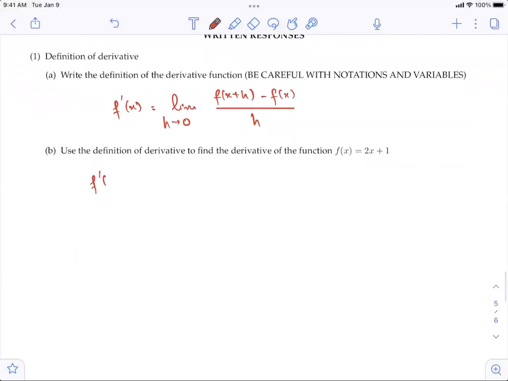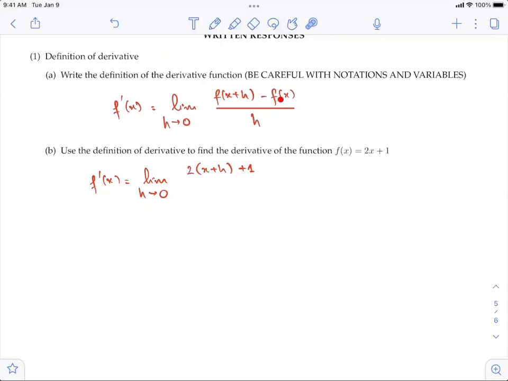So f prime of x is equal to the limit as h approaches 0 of f of x plus h, that is 2 times x plus h, plus 1. This is just the part for f of x plus h.